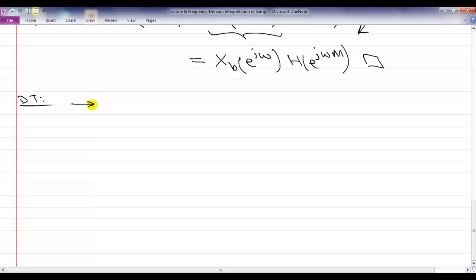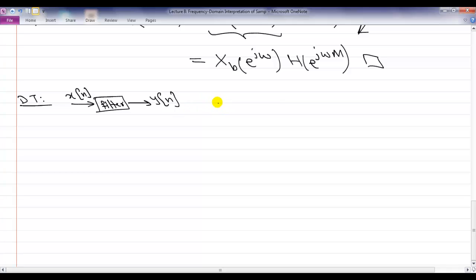So we had this operation: we have some filter, x[n], y[n]. We know the effect on frequencies: simply, the frequencies of the input signal get multiplied by the frequency response of my filter.